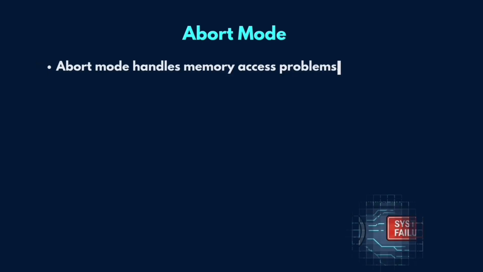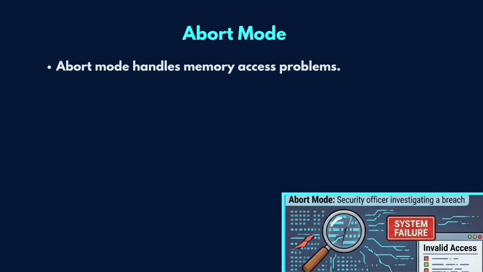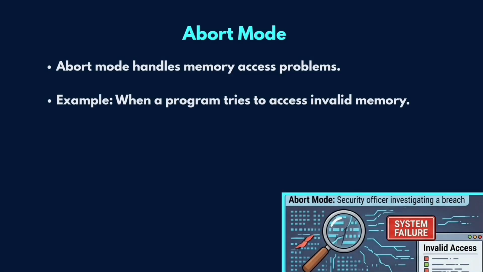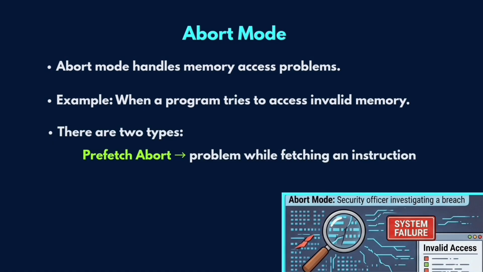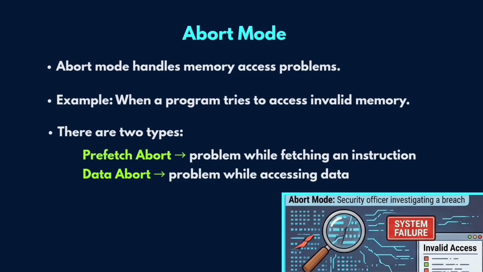Abort mode handles memory access problems. For example, when a program tries to access invalid memory. There are two types. One is prefetch abort, that is a problem when fetching an instruction, and then we have data abort, which is a problem while accessing data.